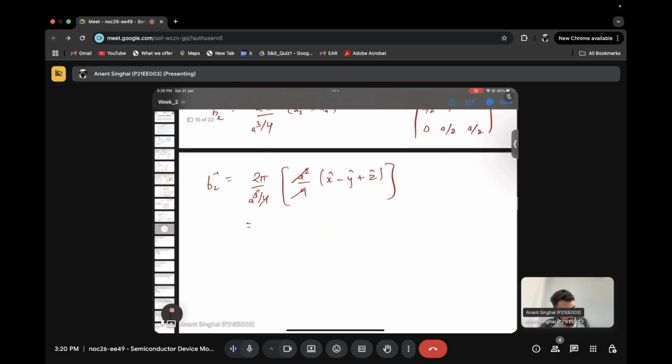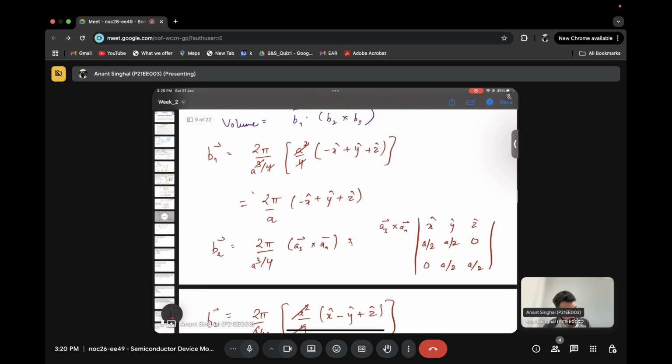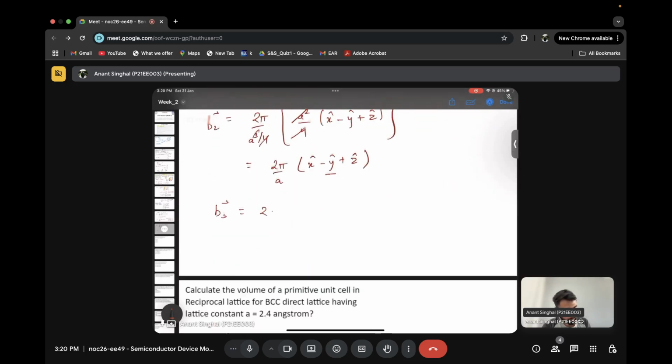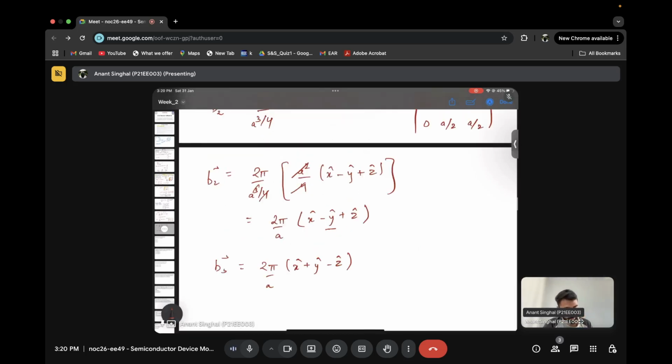So b2 will come out to be 2 pi by a (x minus y plus z). Similarly, for b3, it will come out to be 2 pi by a (x plus y minus z). So these are the three, b1, b2, b3, we have calculated.